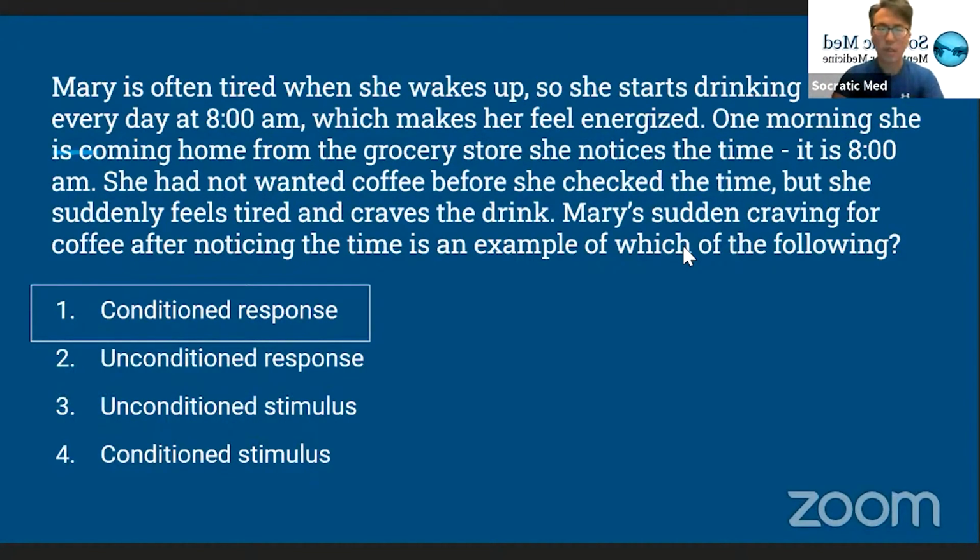Normally looking at the clock and seeing it's 8 o'clock would not make someone want to drink coffee if that person normally doesn't drink coffee at 8 o'clock. But because Mary drinks coffee at 8 a.m. every day, she conditioned herself to want to drink coffee at that specific time.